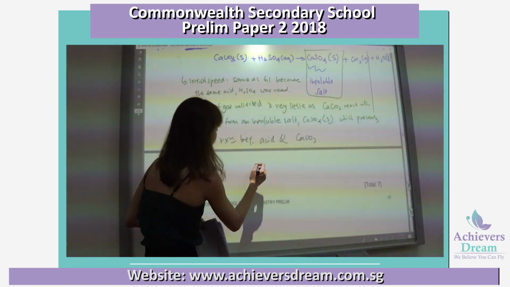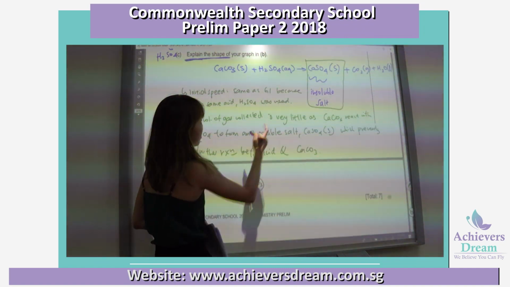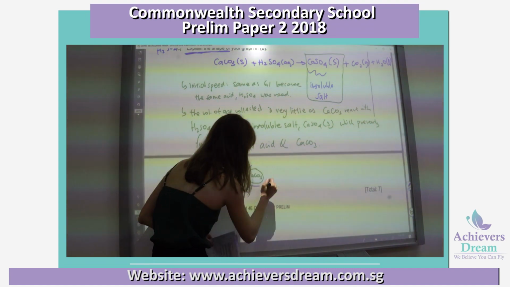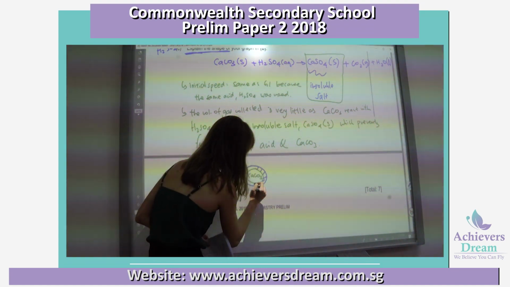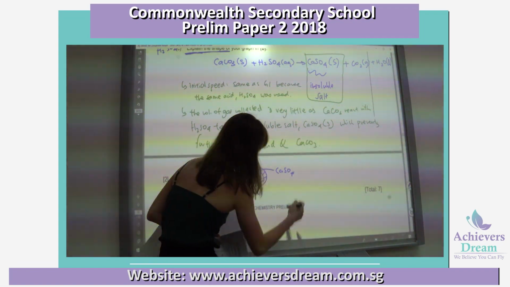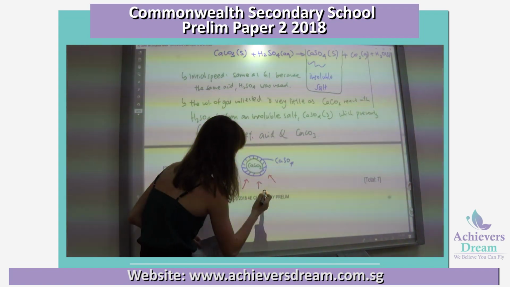Okay, so let's say this is calcium carbonate. As the reaction progresses, I'm forming calcium sulfate, so I will form an insoluble layer. This is calcium sulfate. So your acid can no longer react with your calcium carbonate.